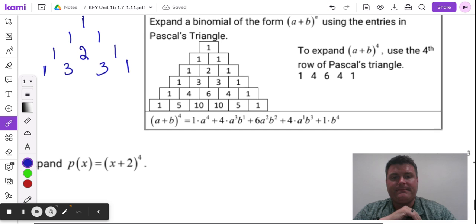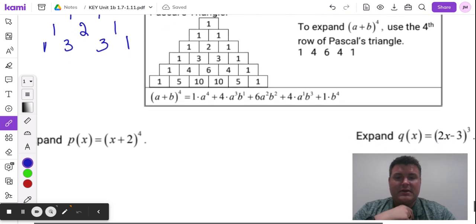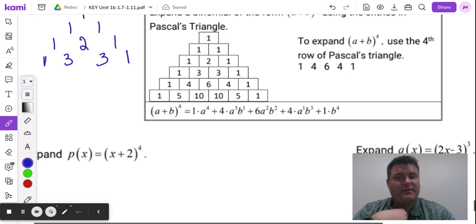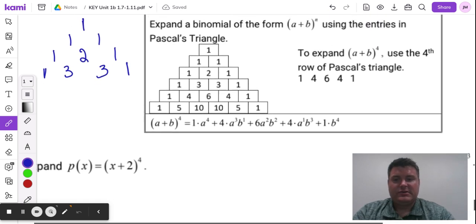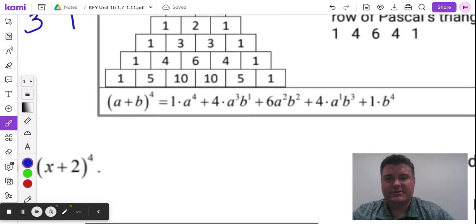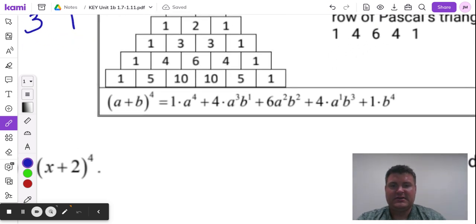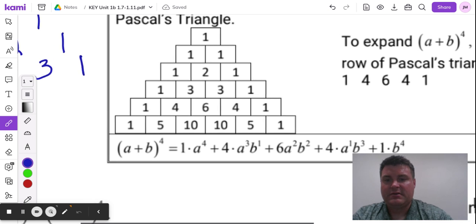The second part for the binomial theorem is that we're going to focus on the fourth one for right now. If you look, (a plus b) to the fourth uses the fourth slot.